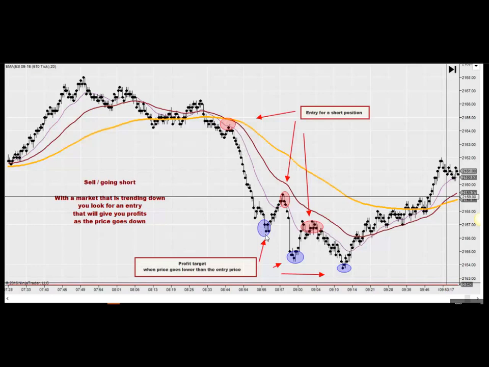This is going short. You are selling and going short. It does not mean that you are selling your position and getting money. It literally just means that you are going in for a profit where the price is going to be less than where you entered, but the profit is the same as when you are going high. It does not matter. It's just the mirror image, the negative of what going long and buying is.